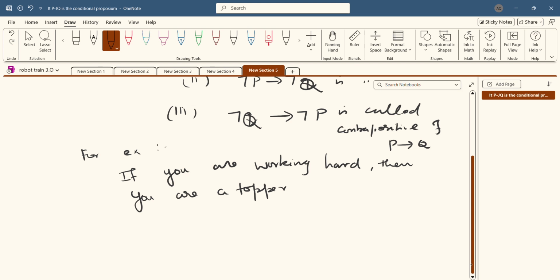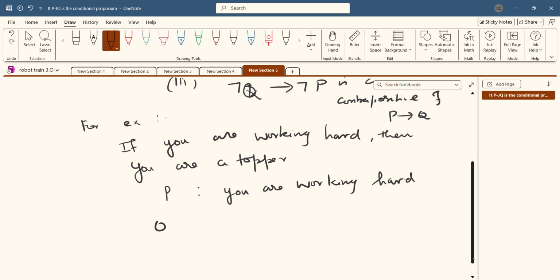First I am going to define the statement in terms of proposition variables. So P is you are working hard. I can define two different proposition variables for the above statement. Another proposition variable is Q, you are a topper.